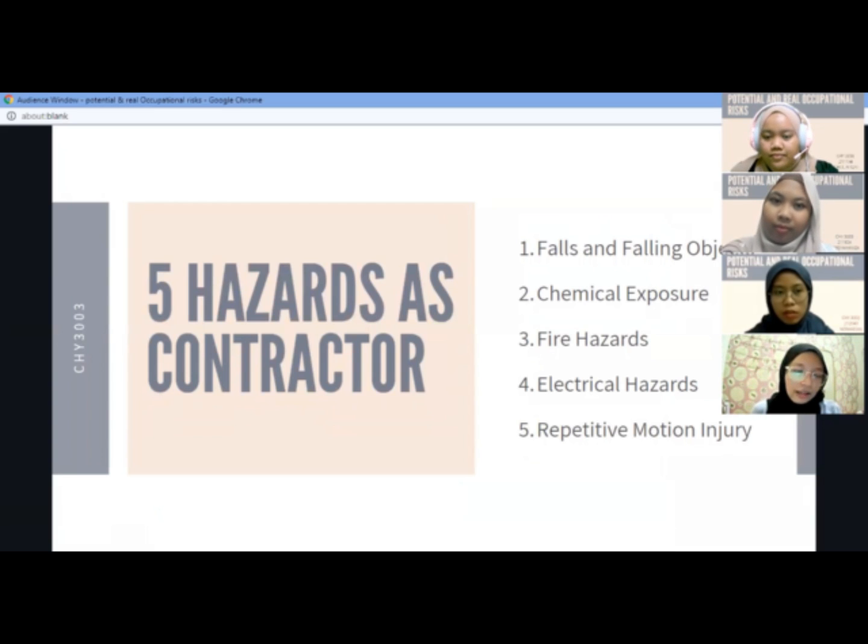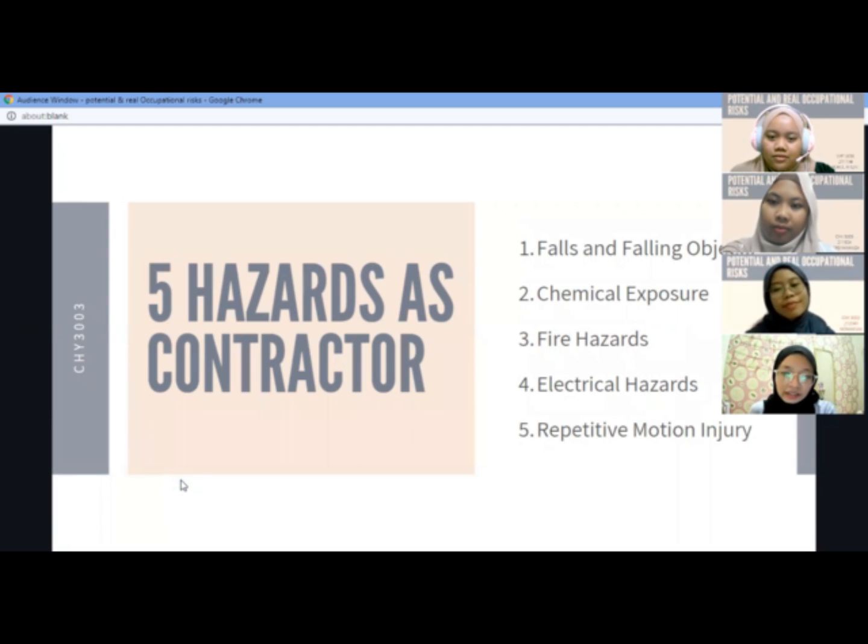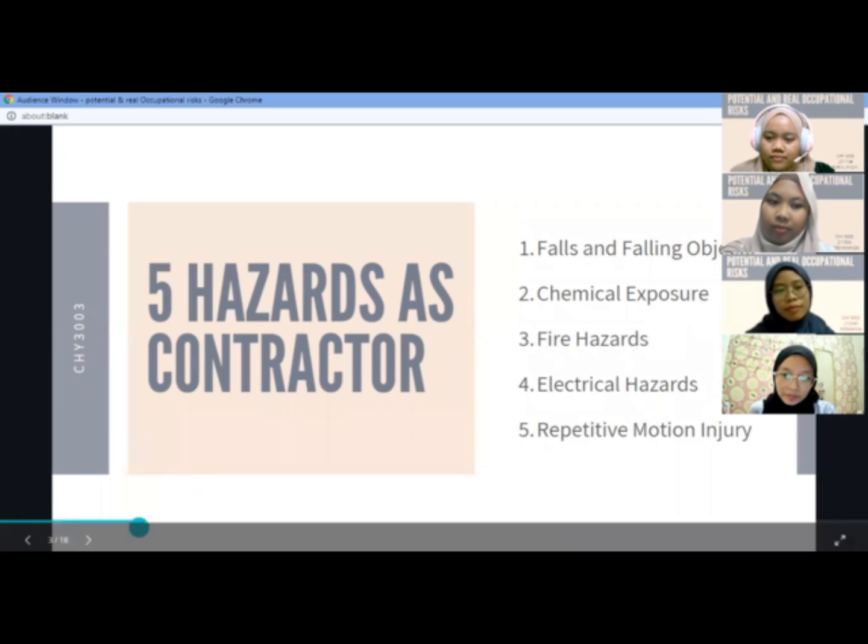So, there are 5 hazards as a contractor. Firstly, falls and falling objects, chemical exposure, fire hazard, electrical hazard, and repetitive motion injury.